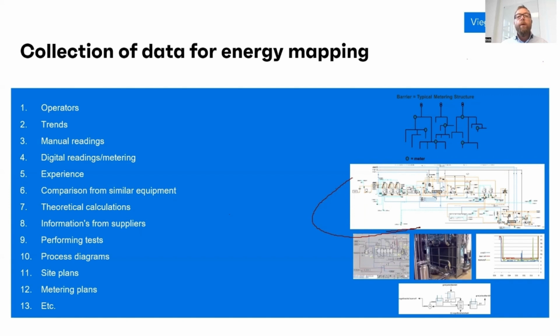So there are a lot of different ways of getting this information. The most important thing here is that the information you put into the energy mapping is information that you can account for. So you can say this temperature is based on an energy balance, or is based on a manual reading.